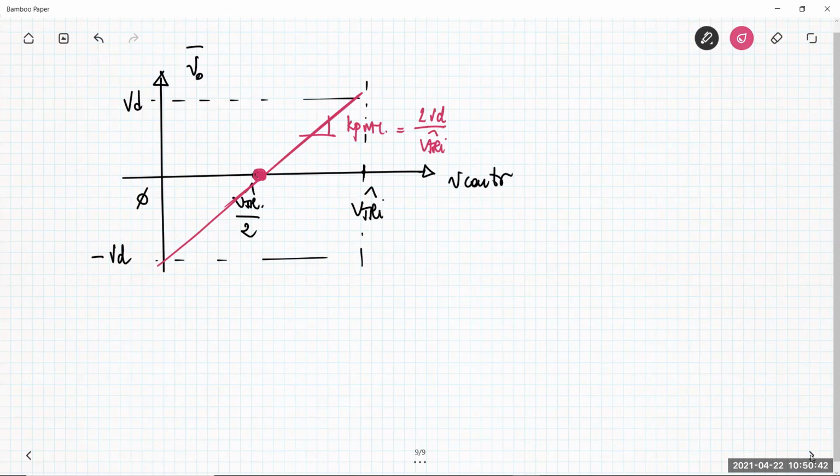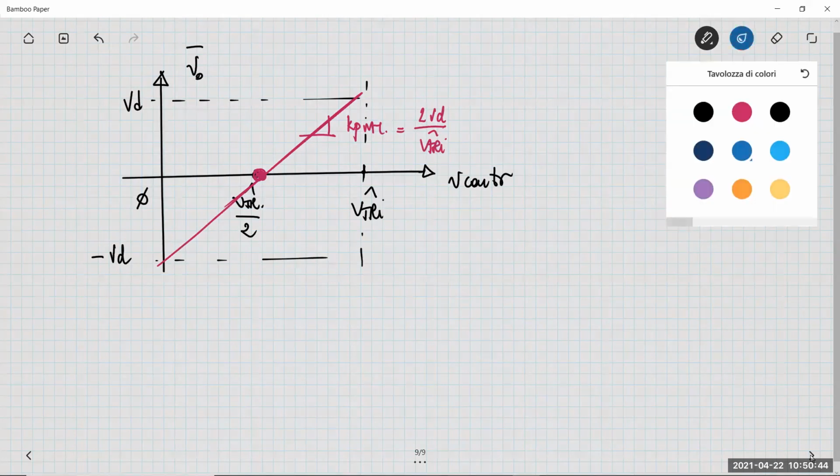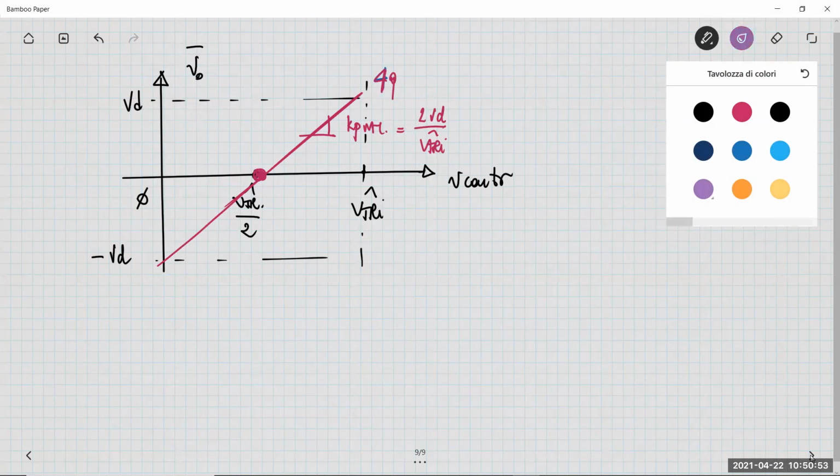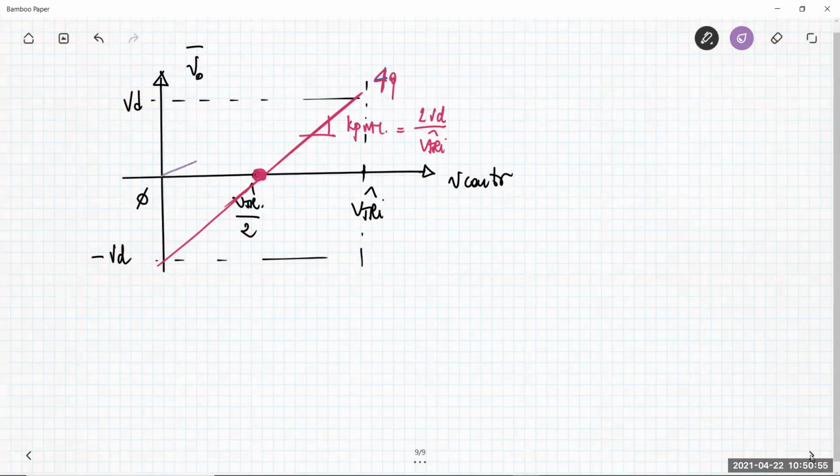Let's compare this expression with this for the four-quadrant converter. If you compare this quantity with the two-quadrant converter, you get something like this. The gain is K-pole, which is half of KPWM, and the output voltage can be only positive.